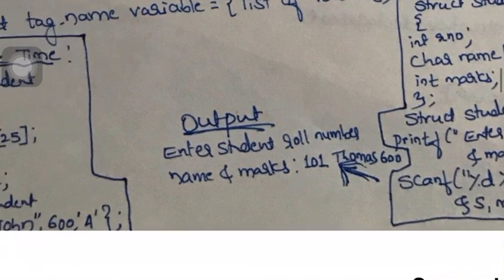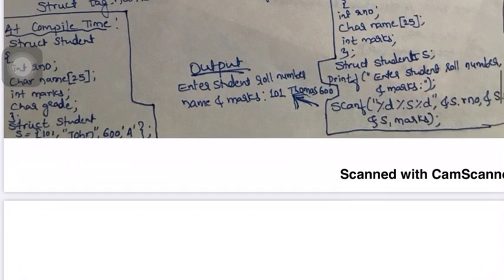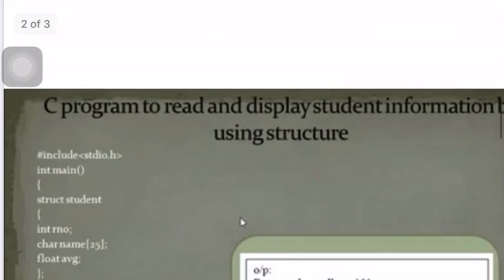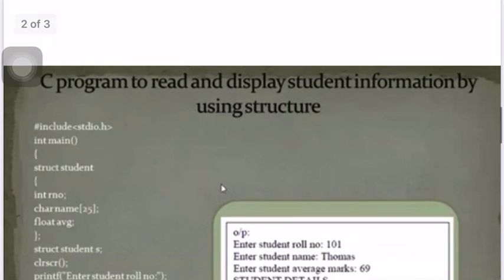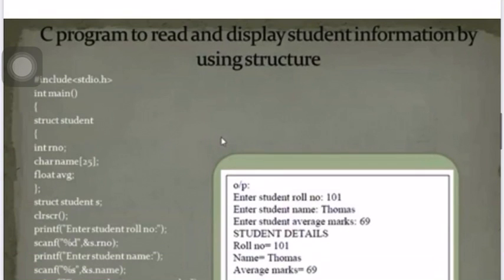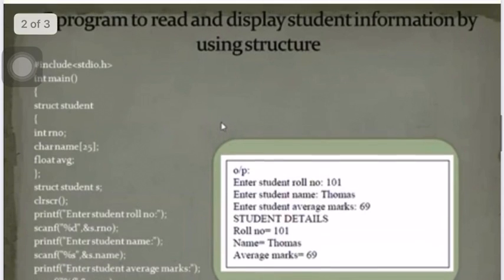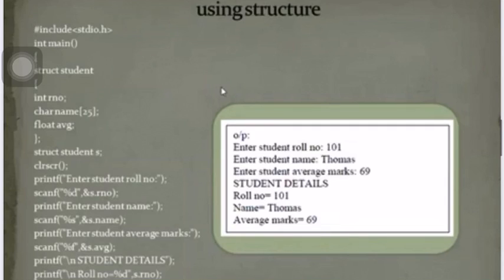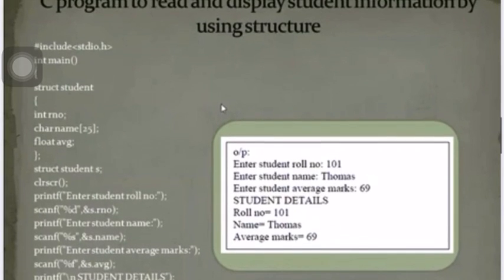So, this is what you studied in the last class, and we also studied an example of reading and displaying student information using structures. We studied this program in the last class.